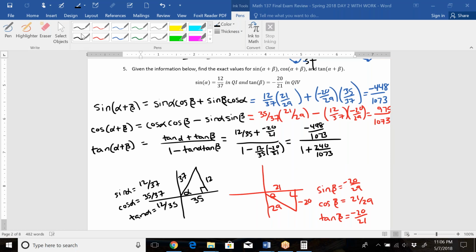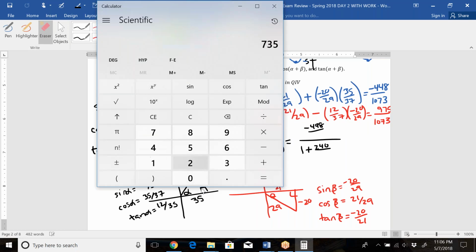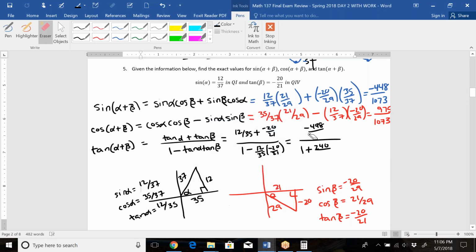Let me back up just 1 second. This is not 1,073. I just didn't even multiply it out. 21 times 35 is actually 735. That's why that wasn't coming out right. So both my denominators are 735.